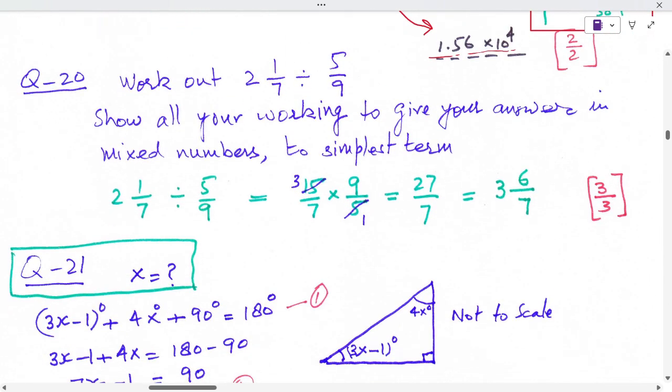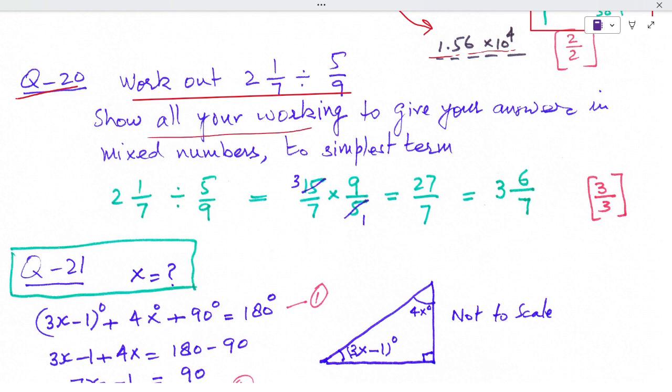Question number 20 is to simplify some numbers given to us, and it reads, work out 2 1 over 7 divided by 5 over 9. Show all your working and give your answer as a mixed number in simplest terms.